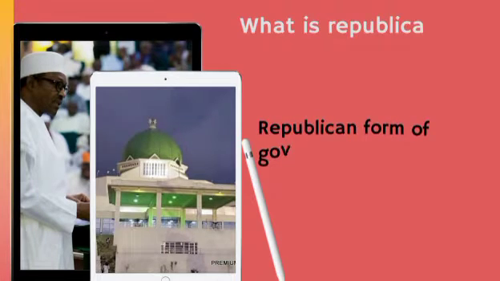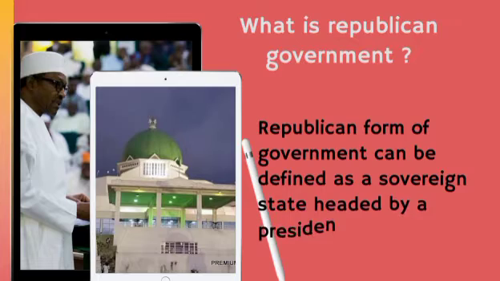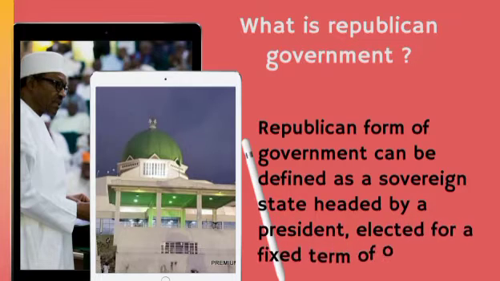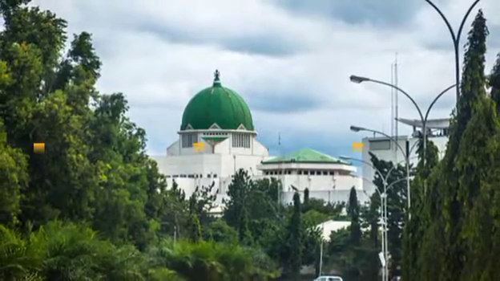What is Republican government? Republican form of government can be defined as a sovereign state headed by a president elected for a fixed term of office. Unlike a monarchy, succession to the office of head of state is non-hereditary but elective.